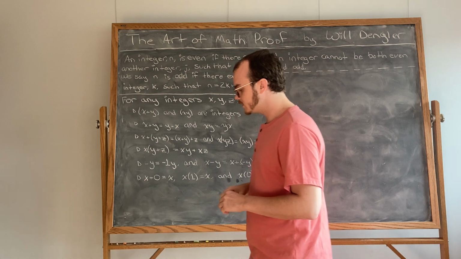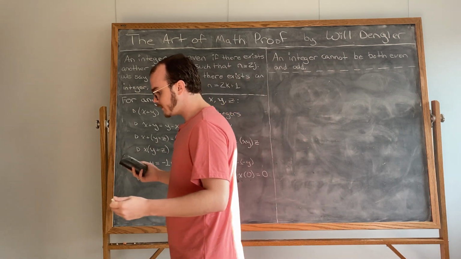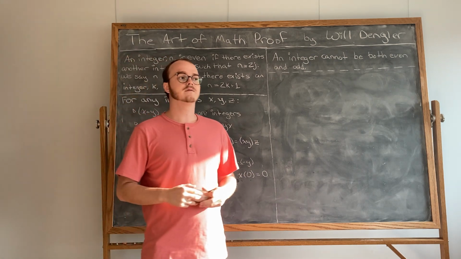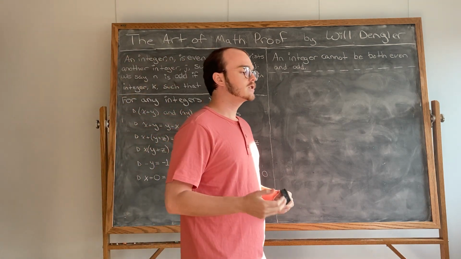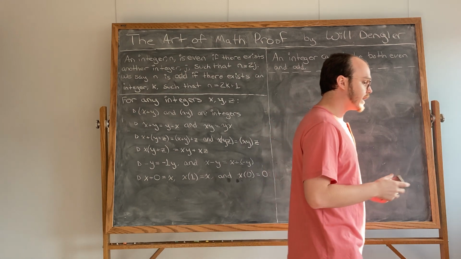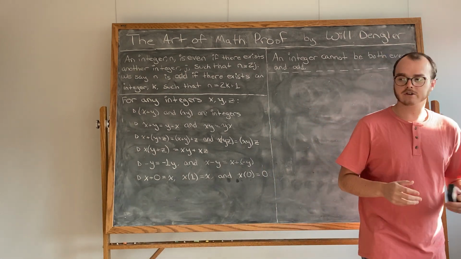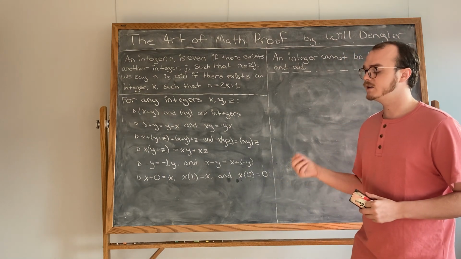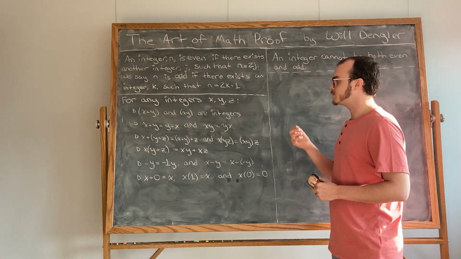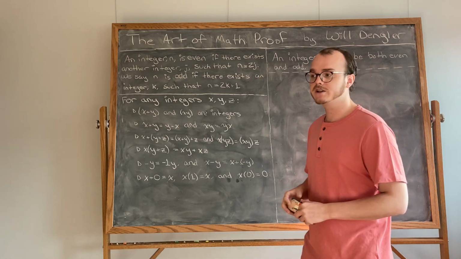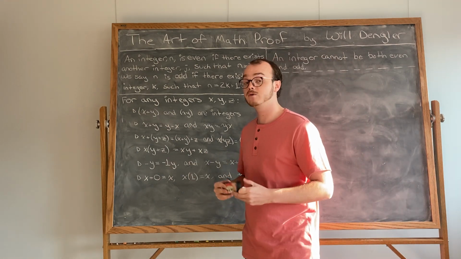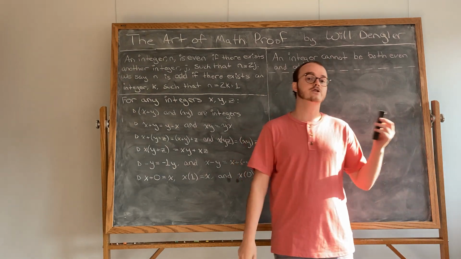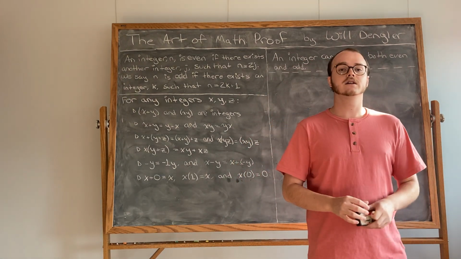Okay, well, how on earth are we going to show that for every integer, it cannot be both even and odd? Let's think about how we did our last proofs. As we recapped earlier, the first thing we did was we assumed we had an integer that was even, or we assumed we had two even integers when we needed to prove that the sum of two even integers was going to be even, or assumed two odd integers, or assumed an even and an odd integer.